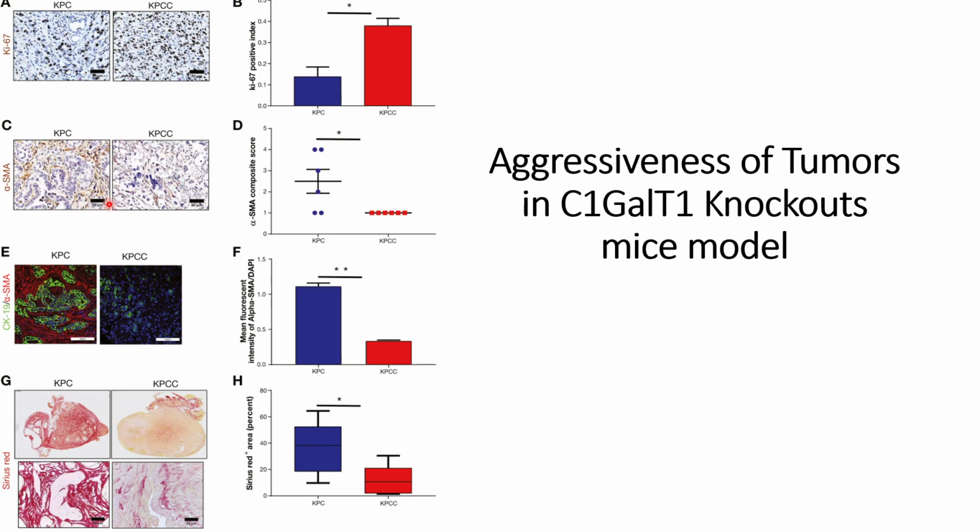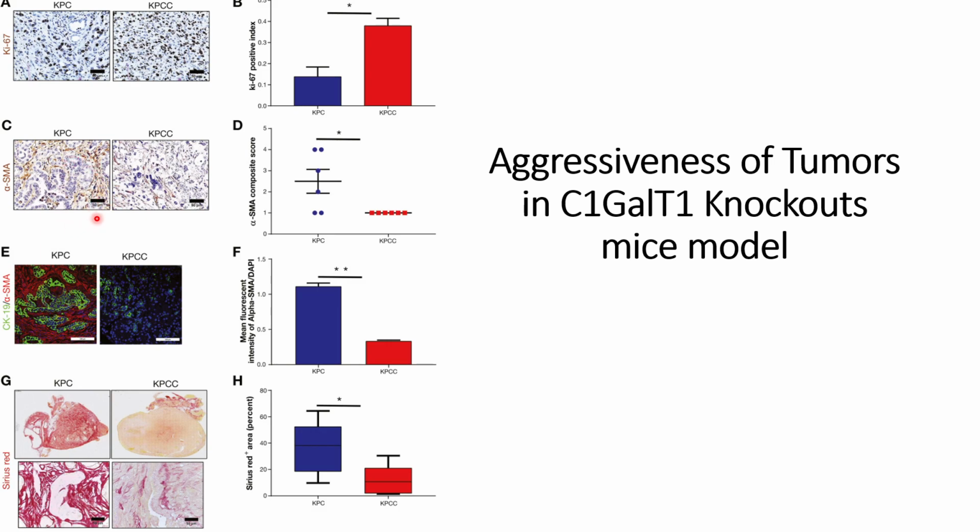Later on they check the presence of stroma in the tumor in different mice models. Stroma is basically the layer of tissue that is formed across the tumor. We can say a benign layer of tissue formed across the tumor, and they use the smooth muscle marker, alpha SMA, to detect the presence of the stroma.